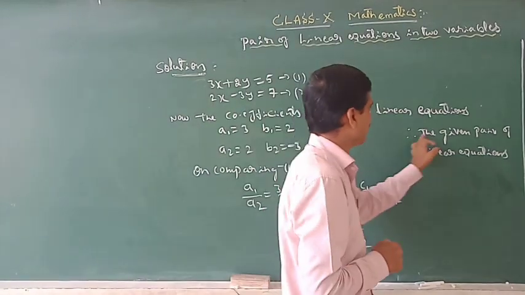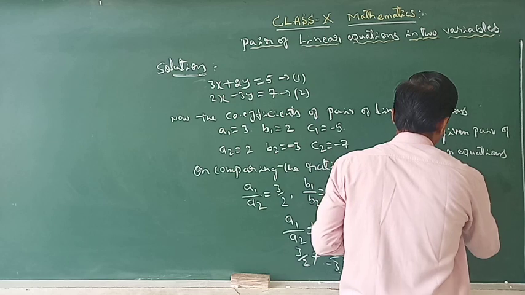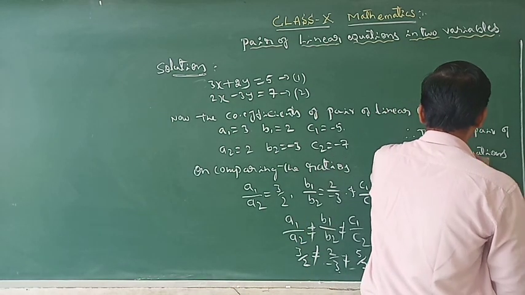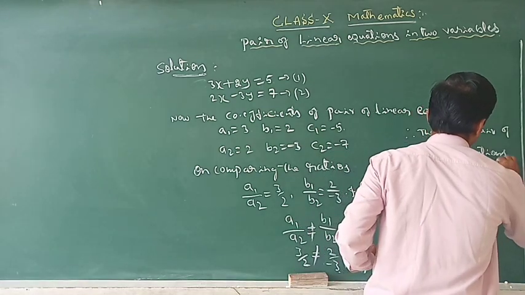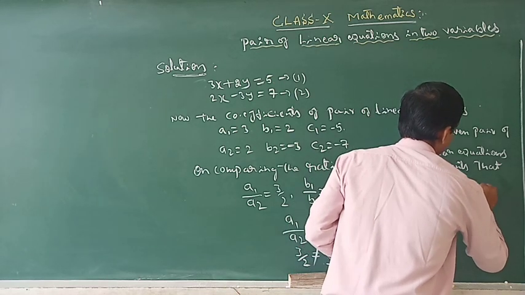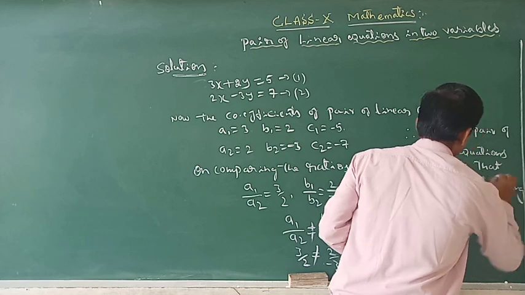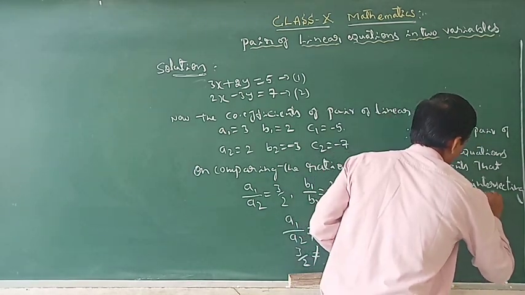That is why the given pair of linear equations represents lines intersecting at one point.